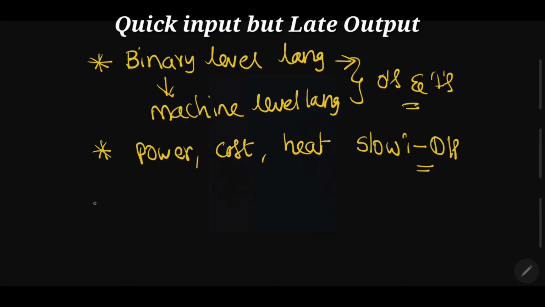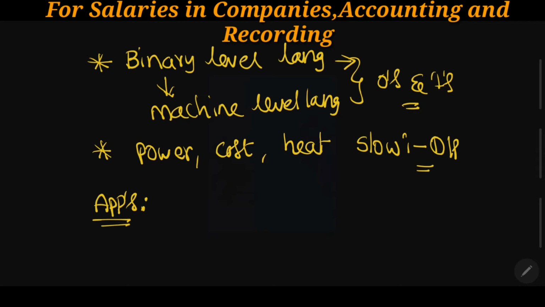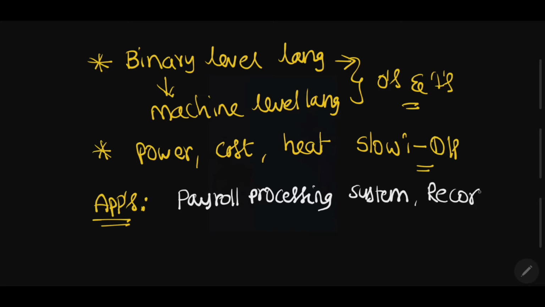The applications of first generation computers: they were used in World War II. But after some time they were used in payroll systems, payroll processing for salaries, preparing documents and maintaining records. This is the basic purpose.